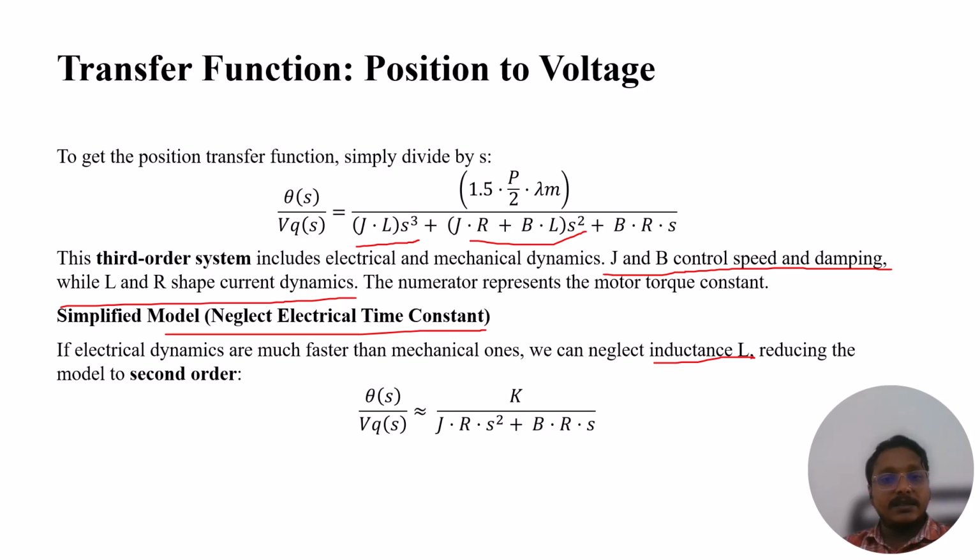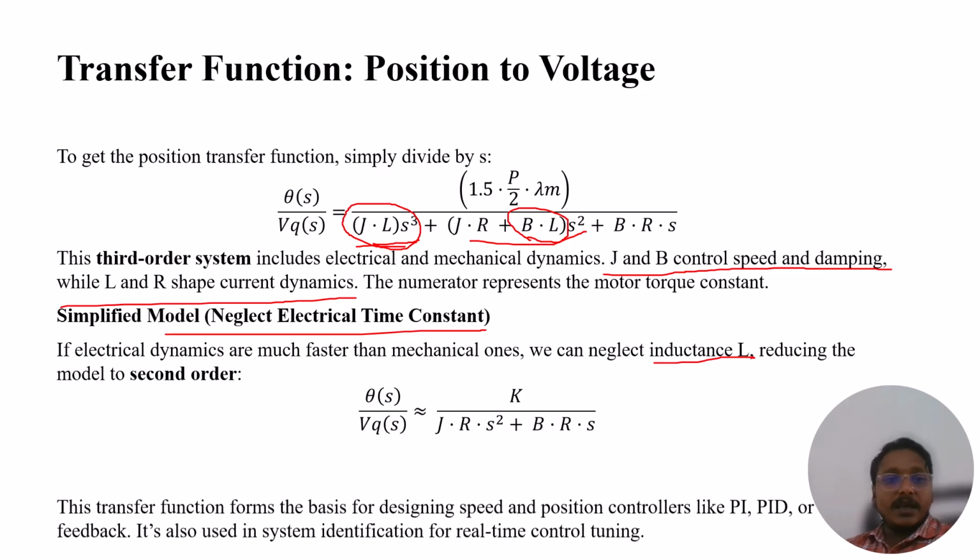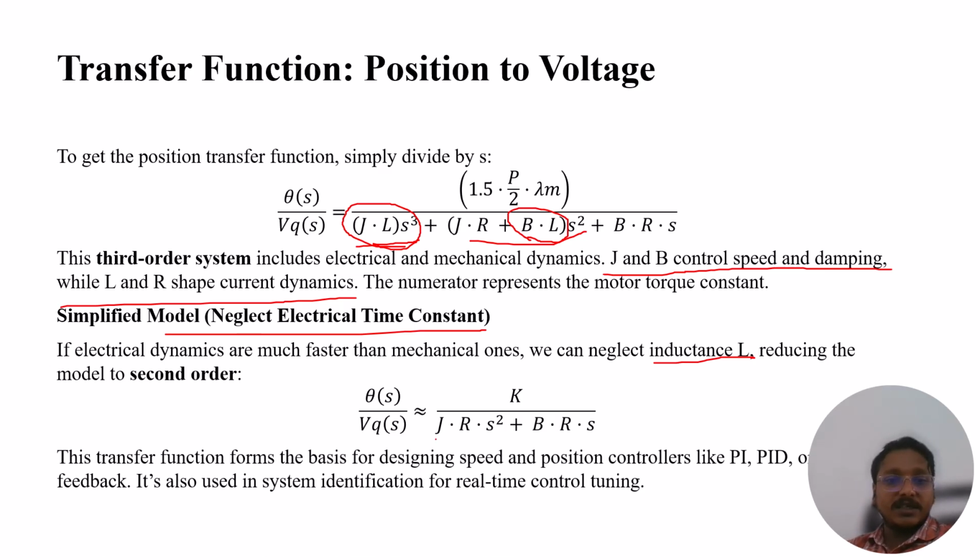That means this term and this term will be completely neglected. Then what remains is Jr s square plus Br s. If you see, this is a second order system. So this is the final transfer function of an AC servo motor.